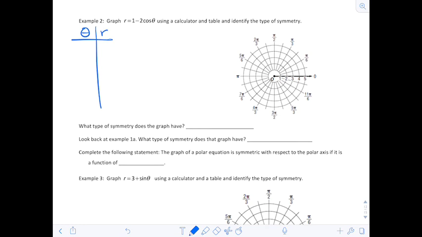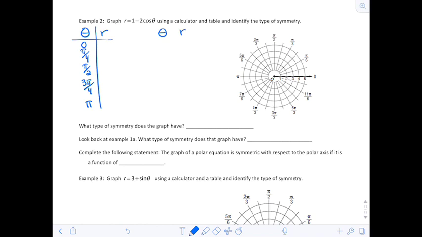So when you plug into your calculator, you're going to have 0, pi over 4, 2 pi over 4, which is pi over 2. Don't go to your calculator yet, just put these in the table. Then 3 pi over 4, 4 pi over 4, which is pi.